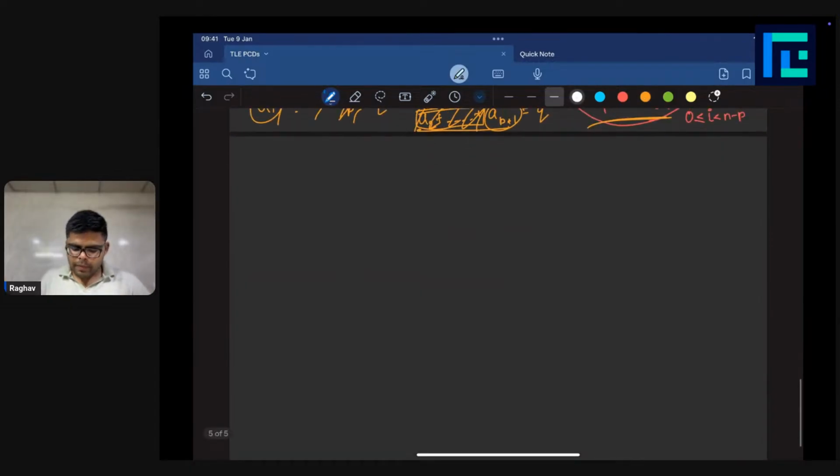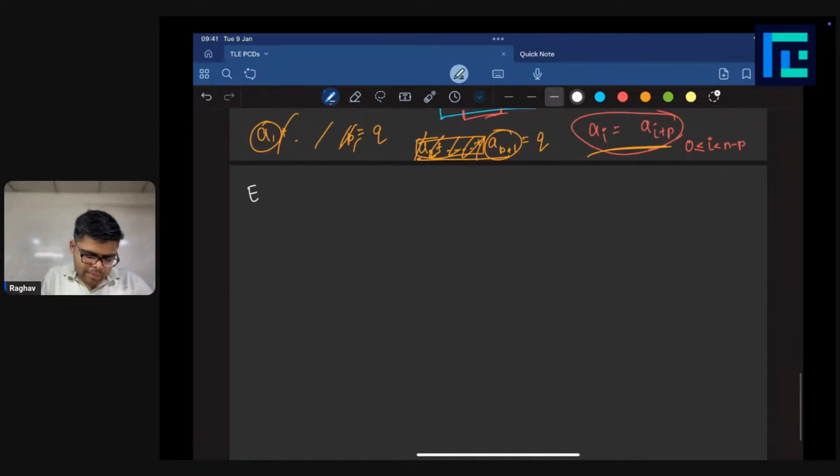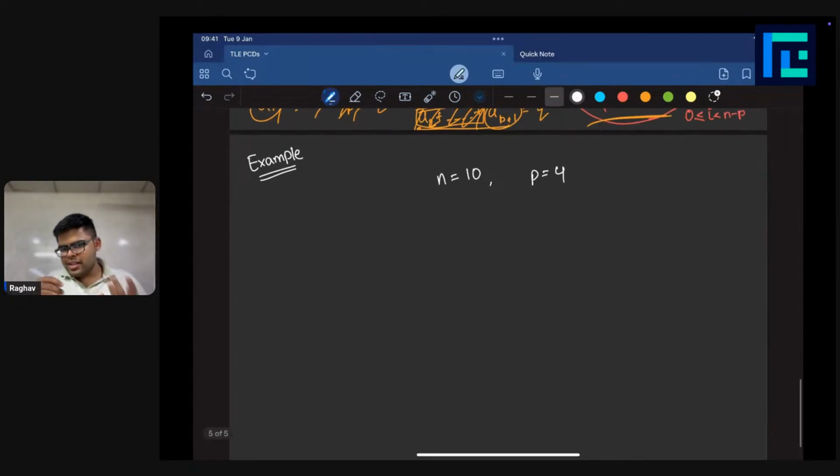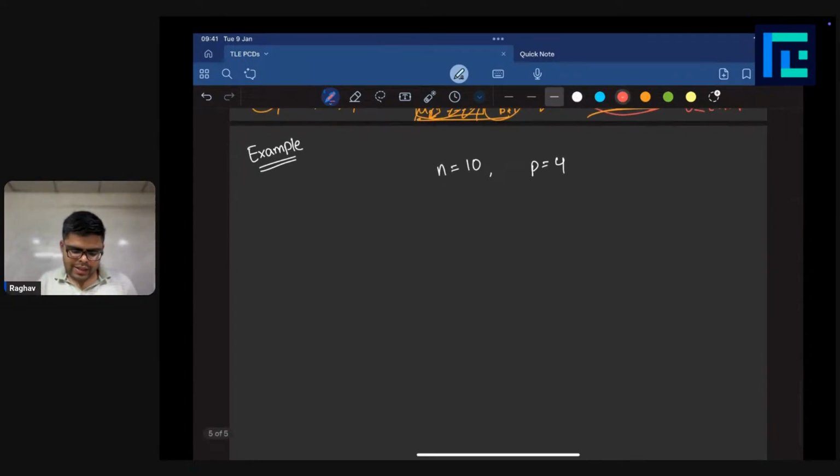So in a nutshell, let me take one example here for a better understanding. Let's say n is 10 and p is 3.